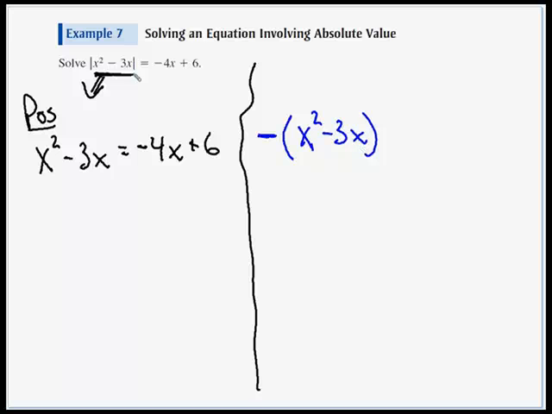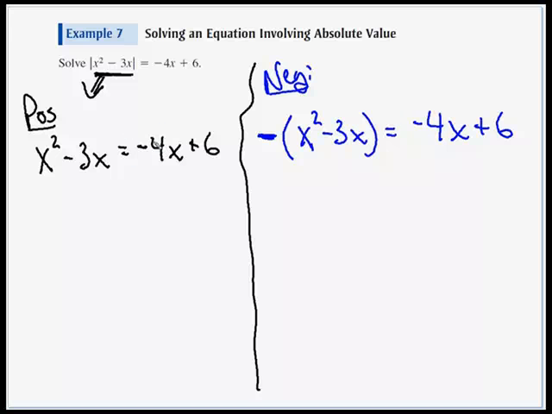So we have what was in the bars, x squared minus 3x. Now it's in parentheses, and we're going to assume that that is a negative quantity. That's what the negative sign is for there, and then the bars would make it positive later on in the problem. So we have two different cases here. Here we're assuming what is within the bars is positive. Here we are assuming what is within the bars is negative, and we'll solve these independently.